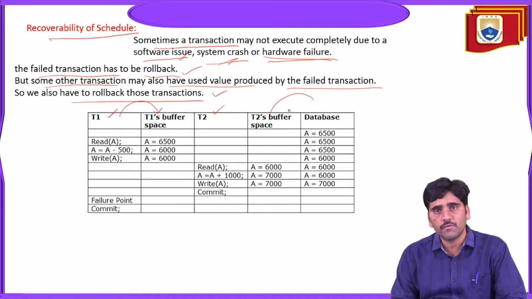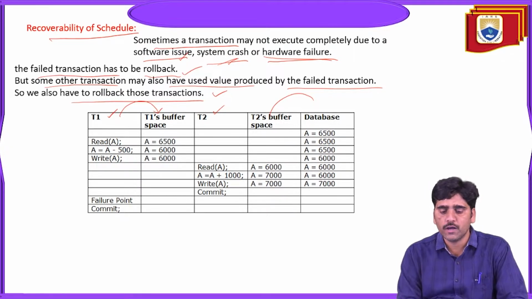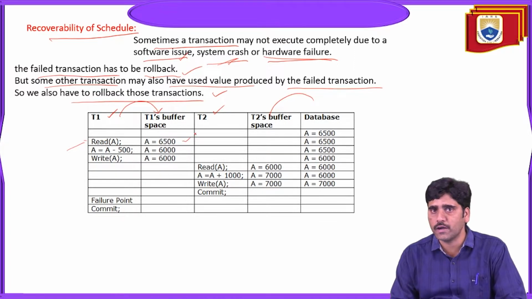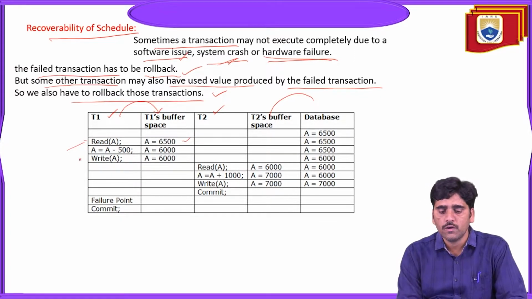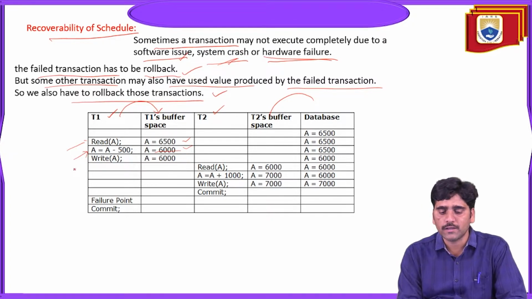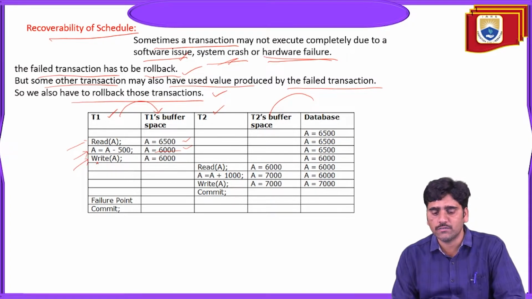When we perform the read operation on the transaction, the value is A equals 6500. Now if I debit 500 from transaction 1, then the amount is 6000. If I access that amount, it will show 6000 for transaction 1.